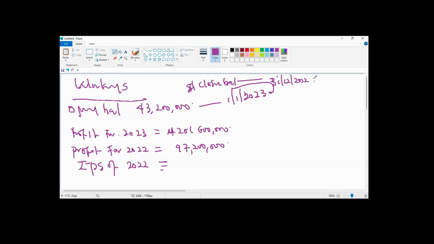So I can calculate my earnings per share for 2022 by saying 97,200 divided by 43,200 times 100. That is the earnings per share of 2022.